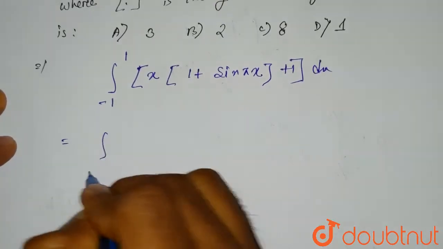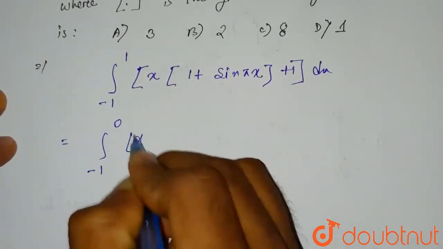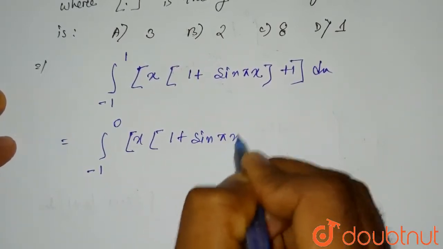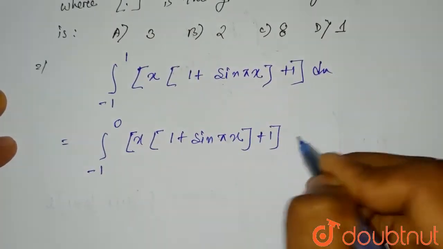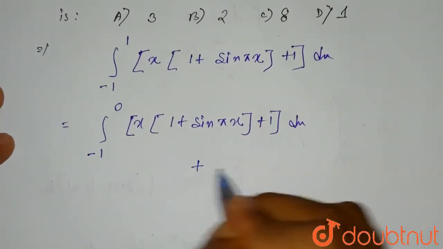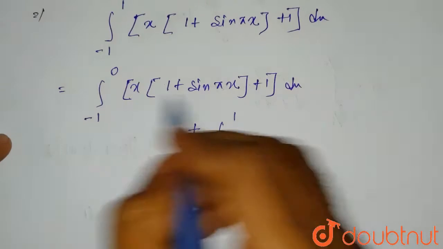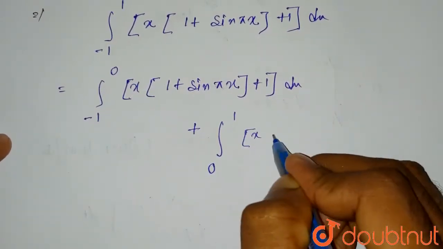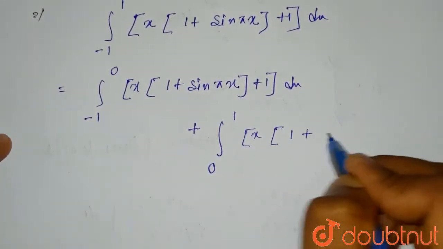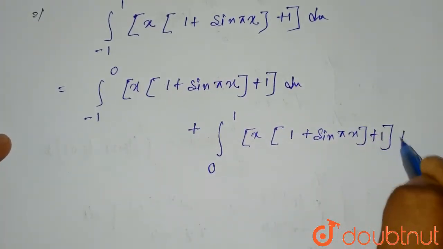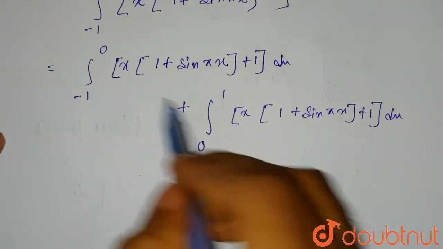It will be the integral from -1 to 0 of [x[1 + sin πx] + 1] dx, plus the integral from 0 to 1 of the same expression. So here we will have these two values.